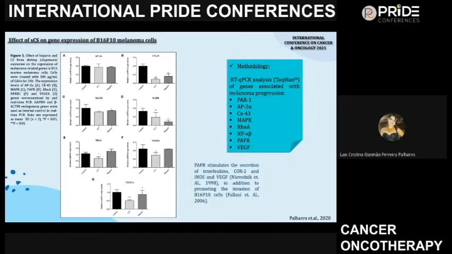We also saw changes in the genes that are involved in the secretion of interleukins, like the PAF receptor and FGF, and also MAP kinase genes, which are crucial in proliferation and tumor growth.